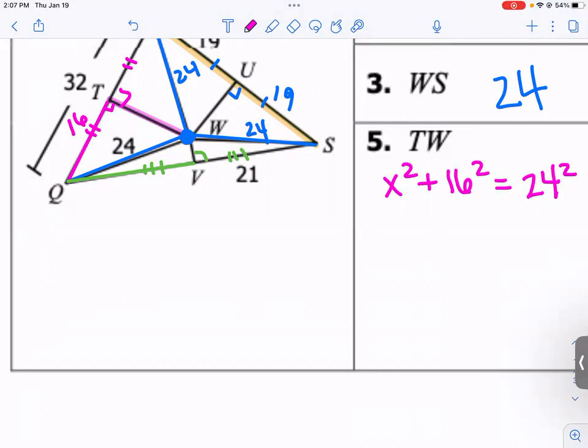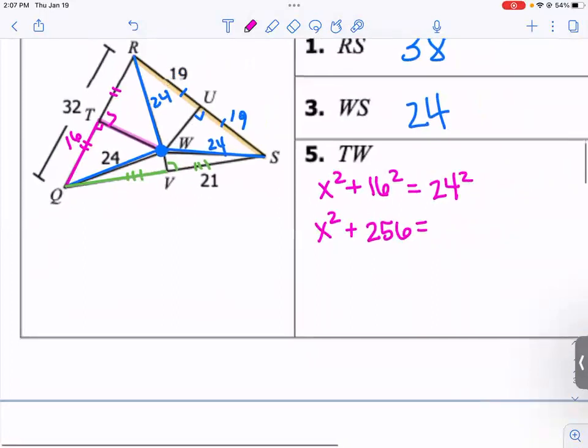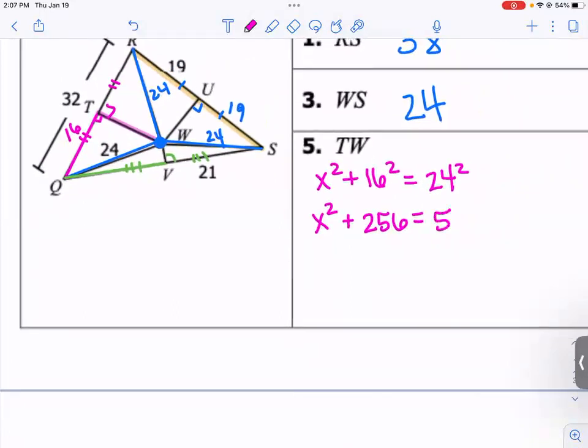Here's where your calculator is going to come in handy. What is 16 squared? 24 squared. How do you use this calculator? If you would just be quiet, I'm going to show you.